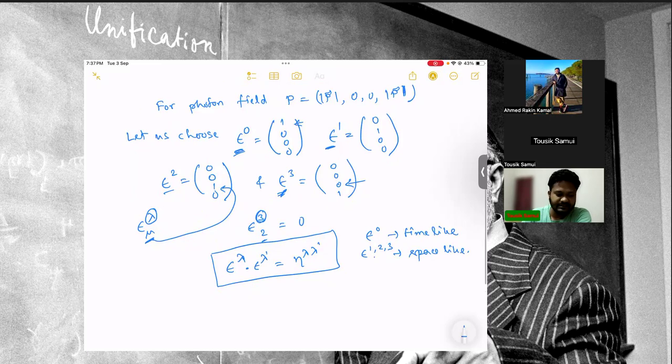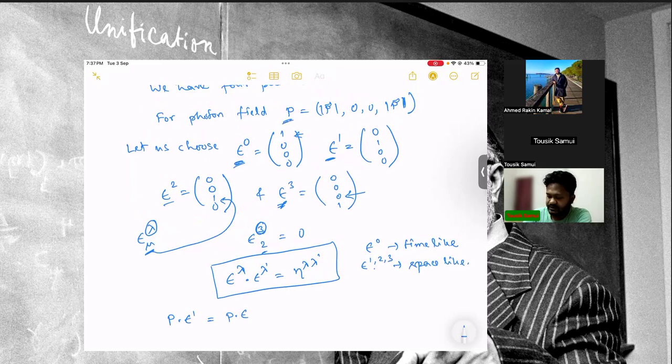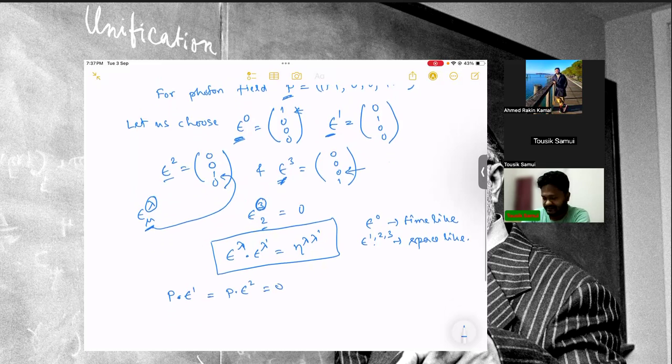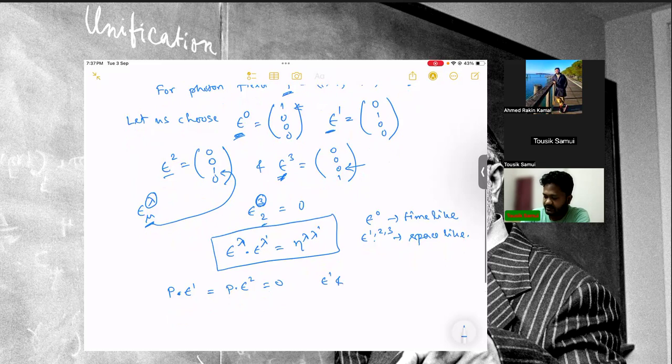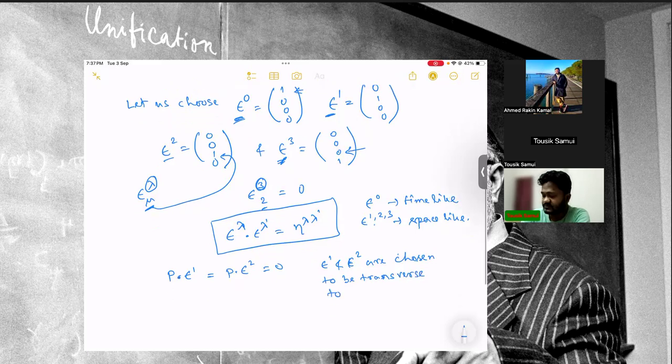But with this choice, let me point out that p dot epsilon 1 equals 0. So when it is dotted with the momentum, it's 0. Just like yesterday, epsilon 1 and epsilon 2 are chosen to be perpendicular to the momentum, so that we can always choose even with this condition.